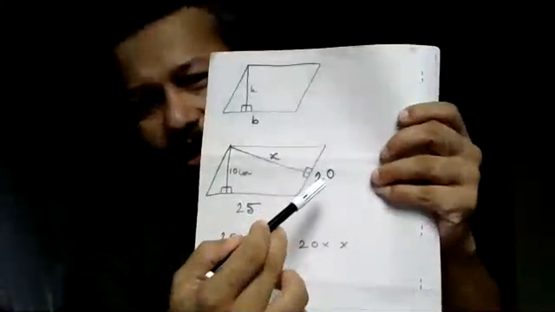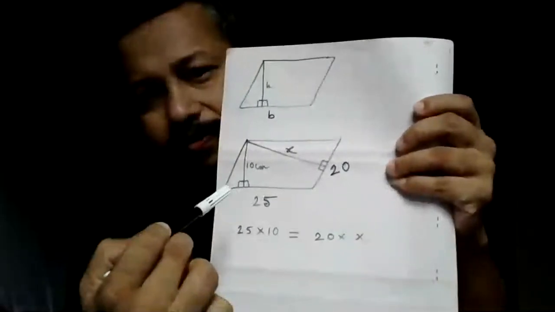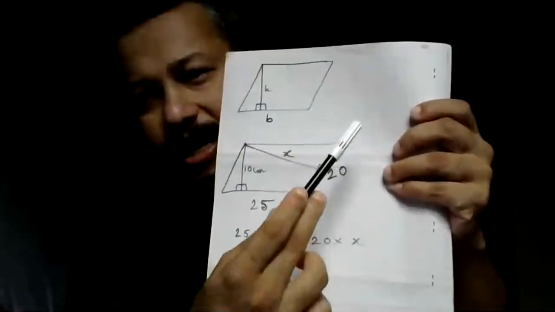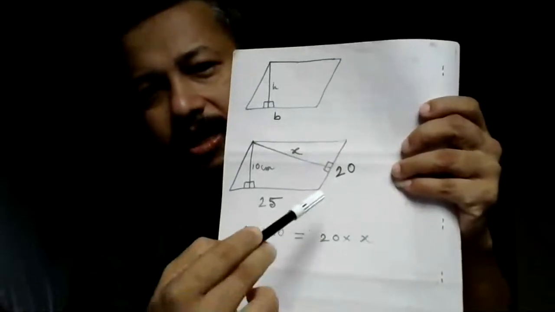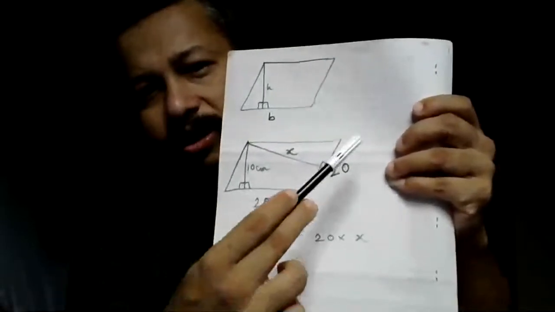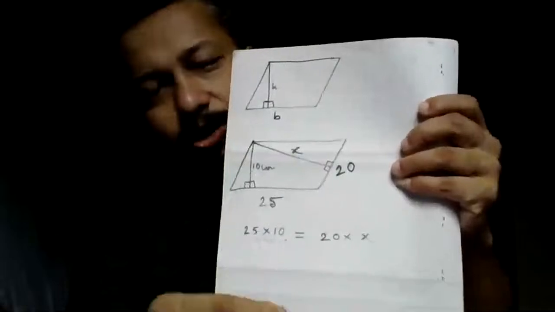So from whichever direction you are measuring, the things will come equal. In the same way, whether you take this as base or this as base, the area should be equal. Understood?